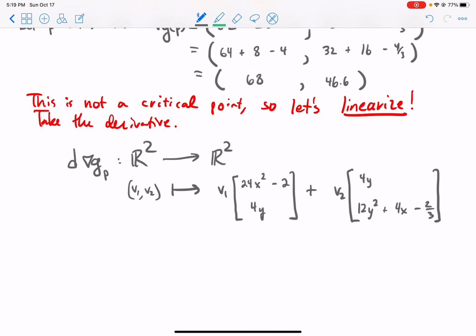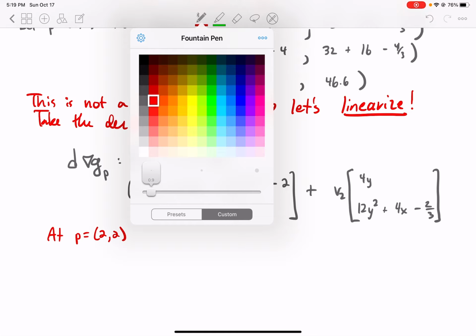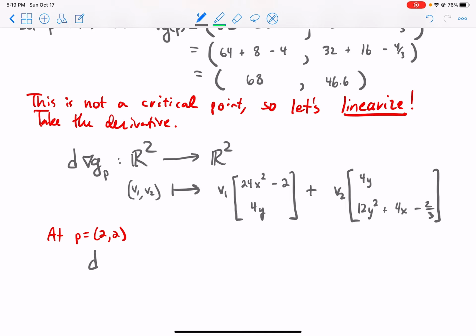Okay, but at p equals 2, 2, our guess, this becomes what? The derivative of grad g at p sends v1, v2 to v1 times, now I plug in 2, 2.